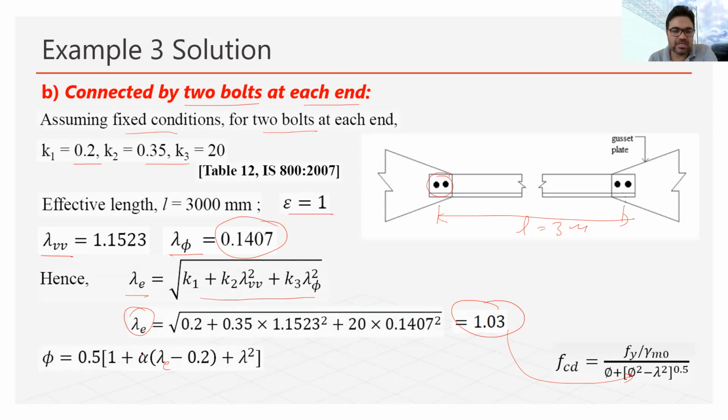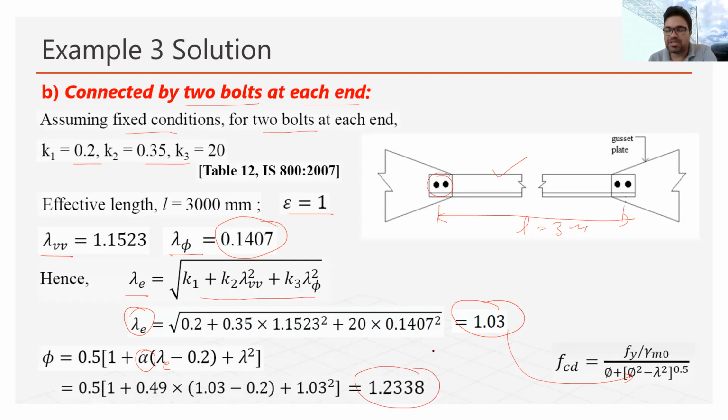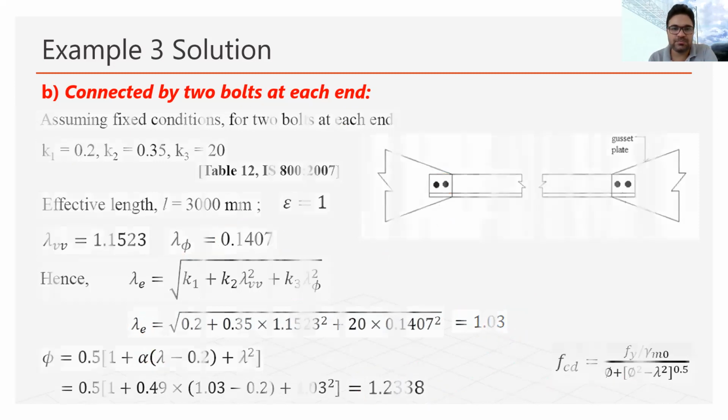All other values are the same. The alpha value will be the same, which is 0.49 for class C, because we are using an angle section and the angle section belongs to class C. So putting all the values again, the phi value comes out as 1.2338. So now we will put that value in this formula and find the FCD value.